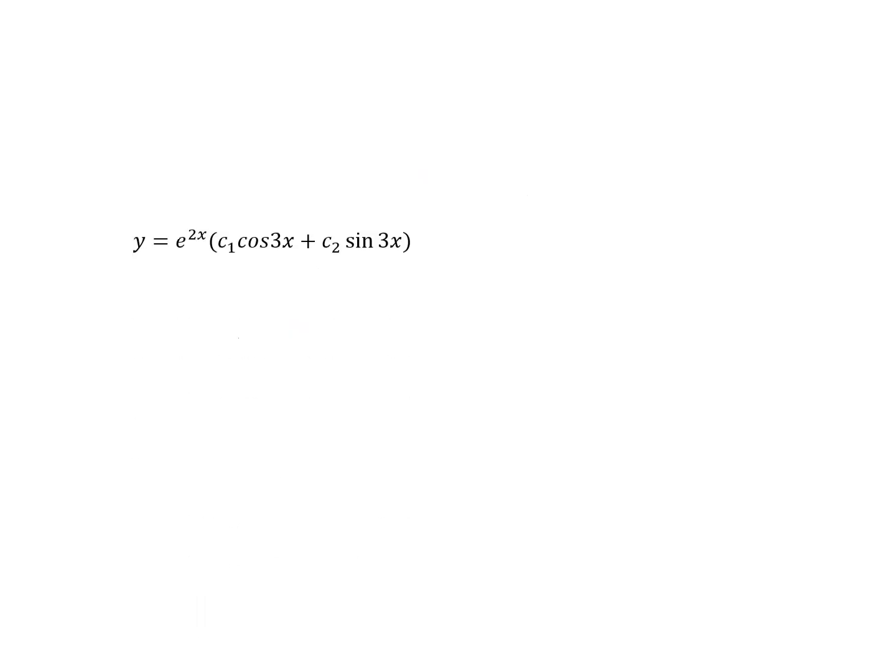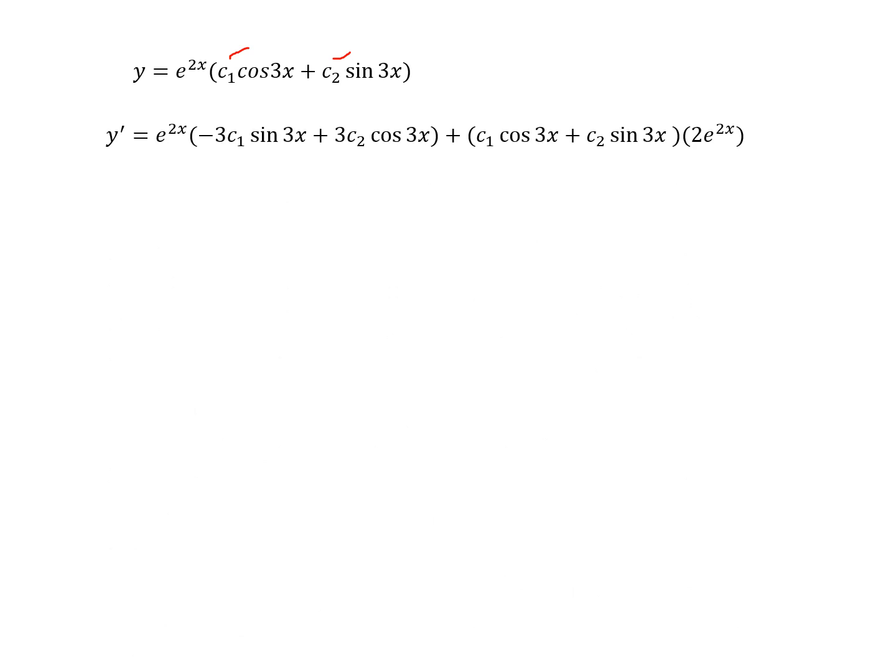Okay. Next, this time there are two arbitrary constants, c1 and c2. So how many times are we going to differentiate? Twice. The most common mistake of students is they will just take the derivative of e to the 2x and the derivative of the other factor, and they forget that this is a derivative of a product, because both of these are variables.